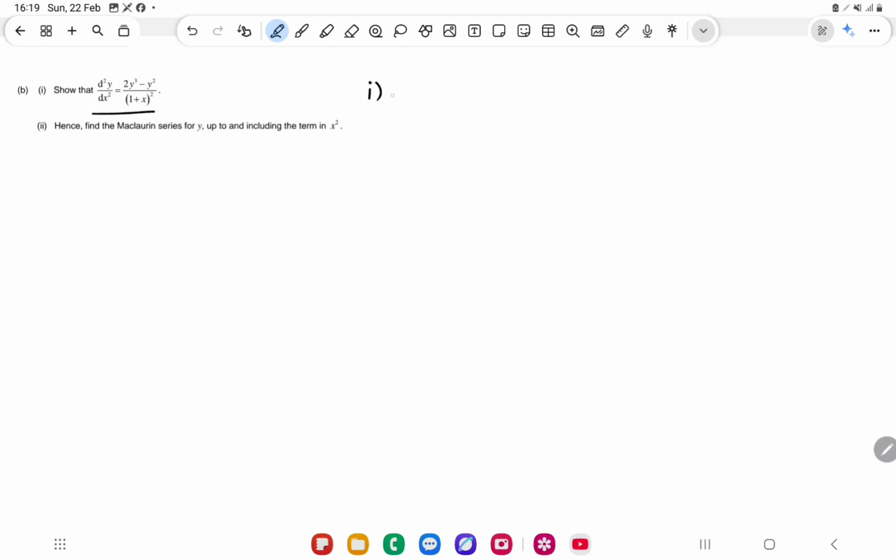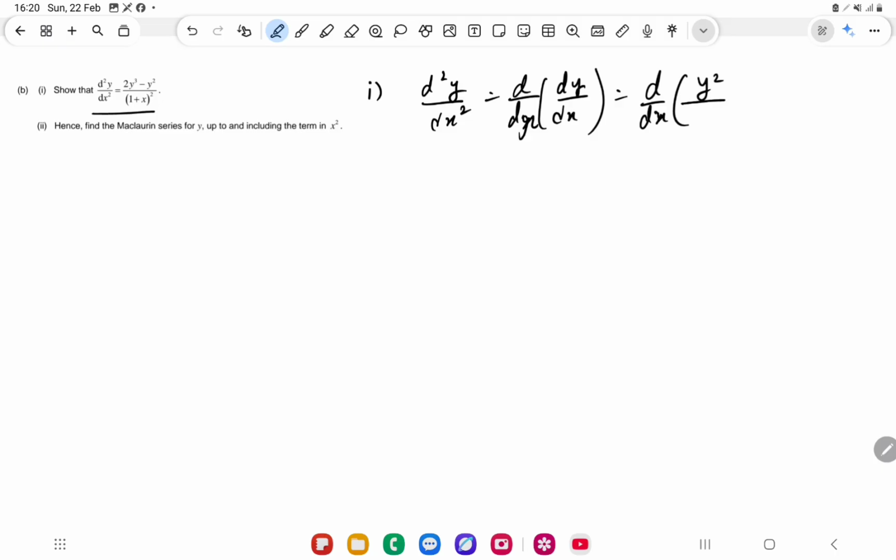So to solve this part, first of all, d2y by dx square is nothing but the derivative of the first part. Sorry, this should be the derivative of dy by dx. It means I have to take the derivative of y square divided by 1 plus x.